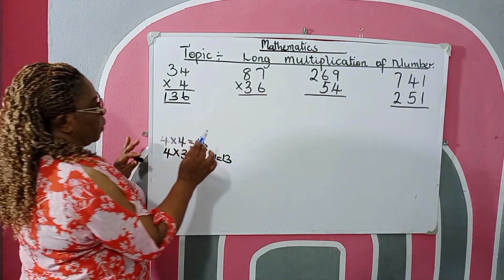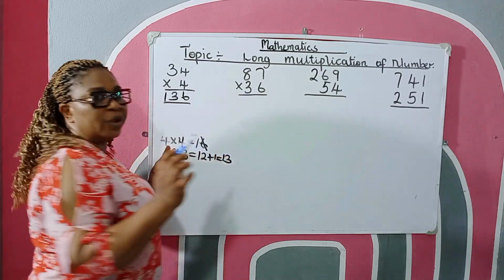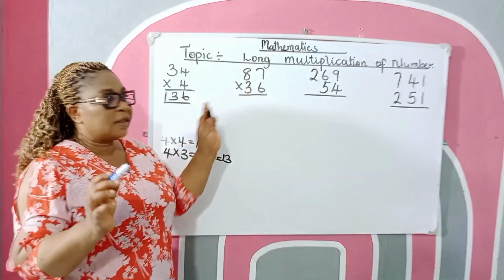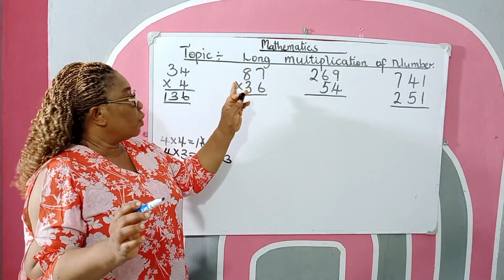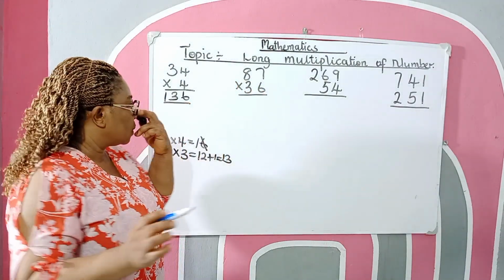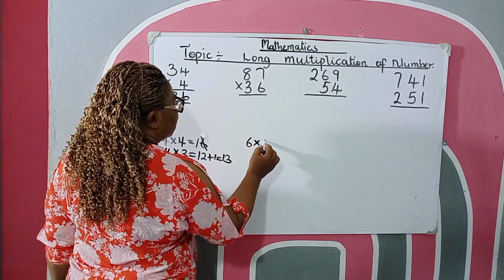Okay, watch this side now. This one is tens and the unit. We are going to do the unit first before we do that of tens. 6 times 7.